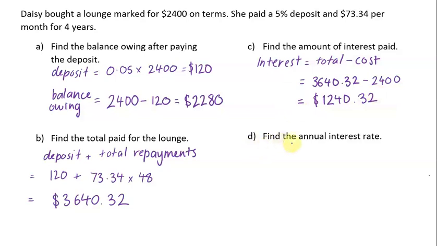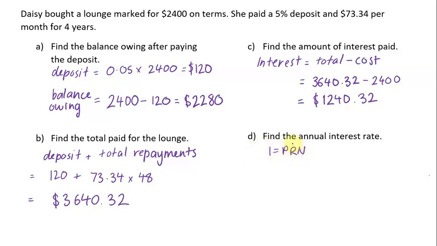And last of all, we need to find the annual interest rate that Daisy was charged. The way that we do that is using our simple interest formula, which you remember is interest equals principal times rate times number of investment years. Now, right now our formula is for calculating interest. We need to calculate the interest rate, which means we need to rearrange this formula.